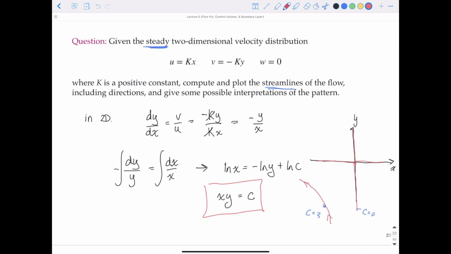So if we were to draw all of those lines for all of our different values of C, then for this case, our fluid is flowing in this direction. And then if C was equal to 1, we would have flow in this direction, in this direction.